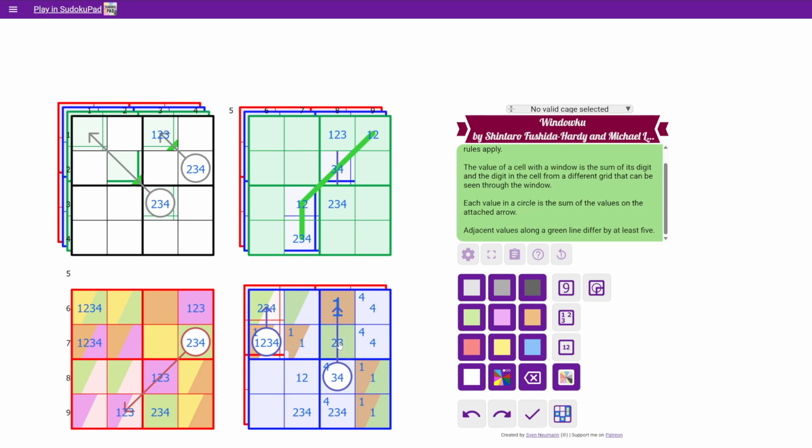So if this is 3, this would be 4, this would be 2, this would be 6 or 7, either one of them working. If this was 2 though, this would have to be 4, and both these would be 1. If this is 4, both these are 1, and it is like that.